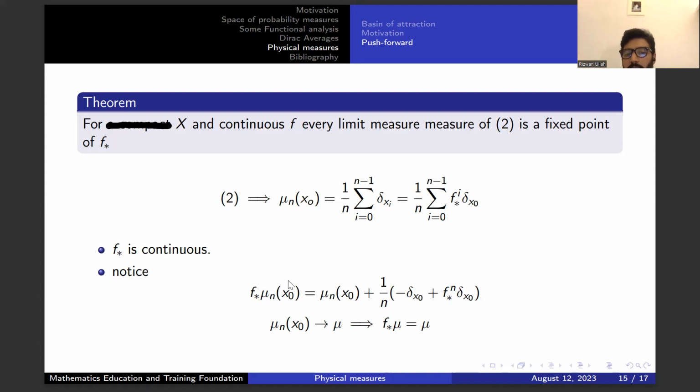Combining both together, the measure mu, which was a limit point of the Dirac averages, is a fixed point of the map F. Shortly, for a continuous map, each and every limit of the Dirac averages is an invariant measure.